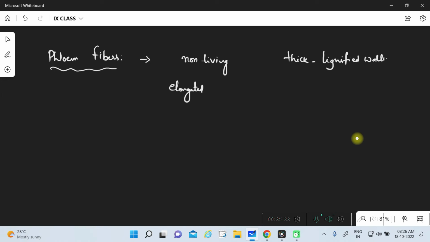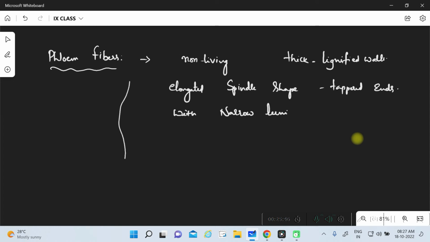They are elongated, spindle shaped, with tapered ends and a narrow lumen. That is how you can imagine drawing it.